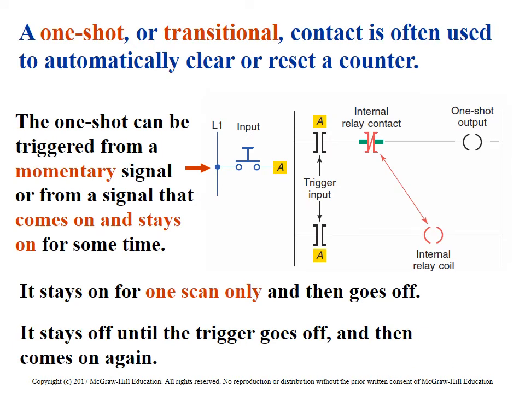A one-shot or transitional contact allows the user to automatically clear or reset a counter. Again, this is something we talked about a little bit earlier, in one of the earlier units, where we talked about one-shots. When you think of a one-shot, it's a transition that is only on for one scan of the PLC and then goes off. So that's quite often used to reset a counter.